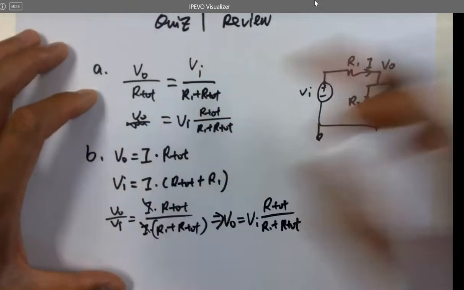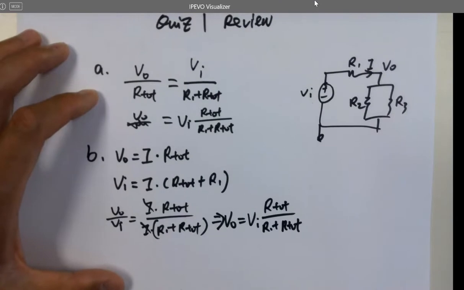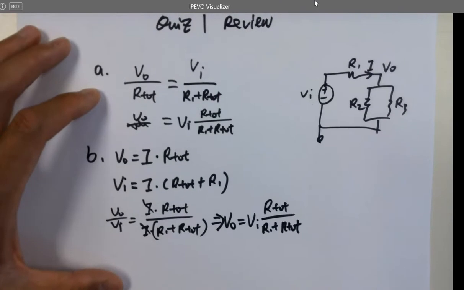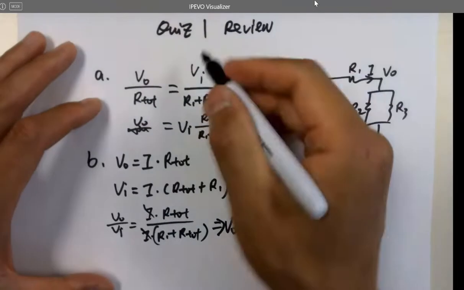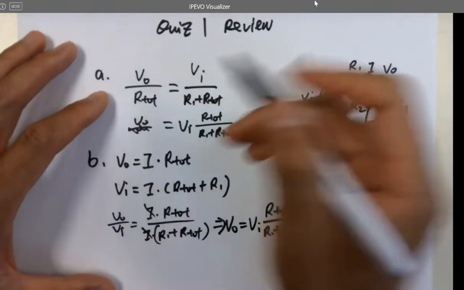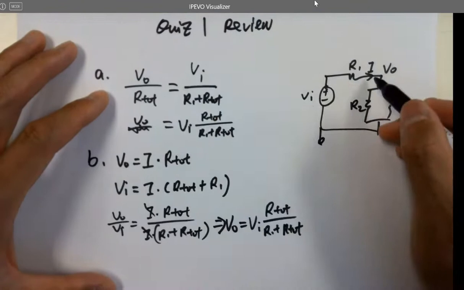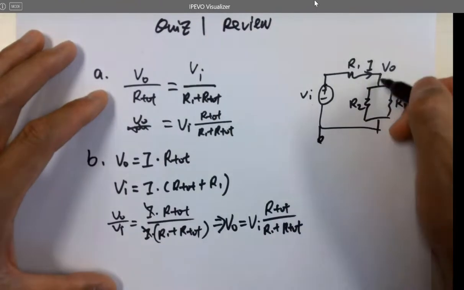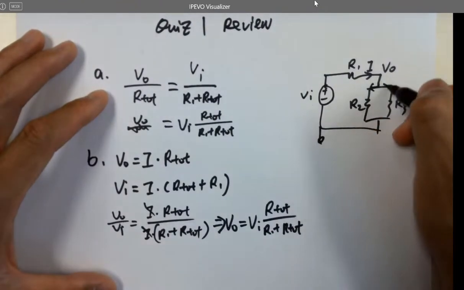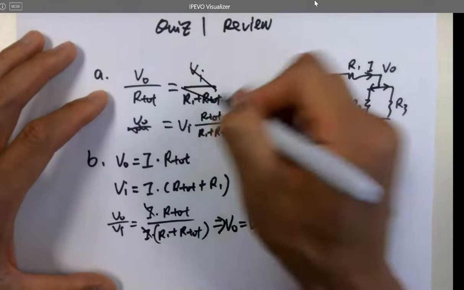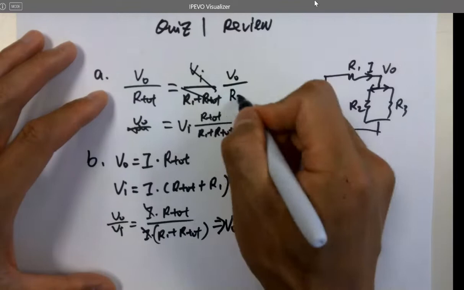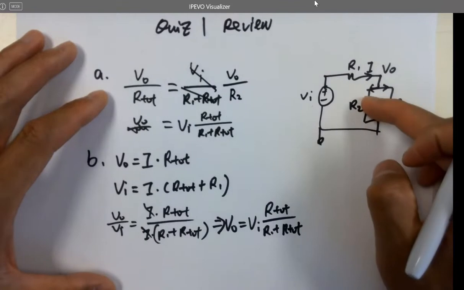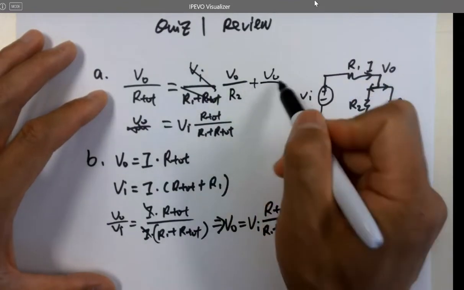For A is to find out the equivalent resistance. So this was wrong. So VO over our total equals, because this is the overall I and being split into two branches. So it should be VO, the voltage across this guy, over R2 is a branch current here, plus VO over R3.